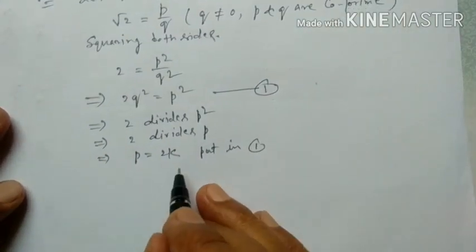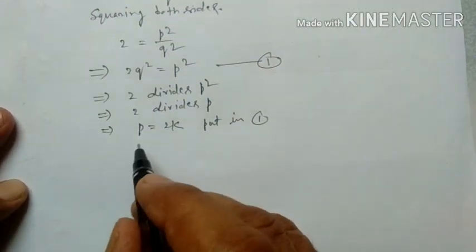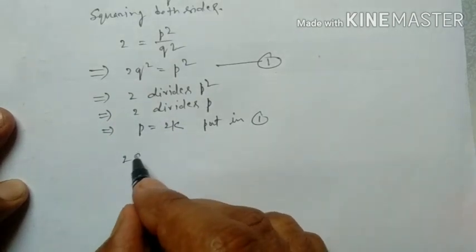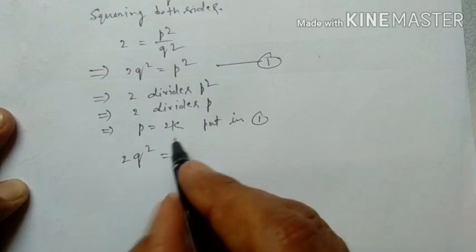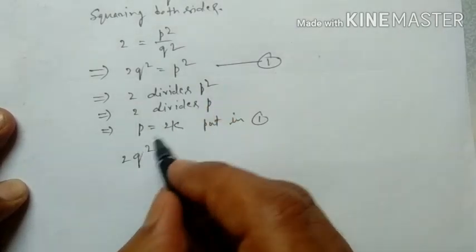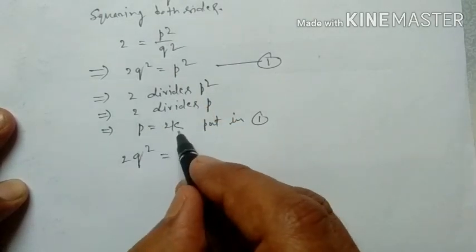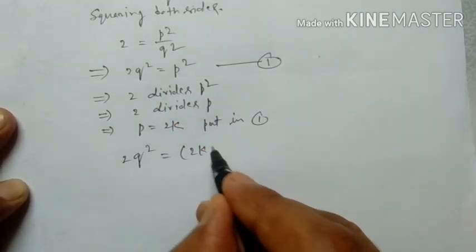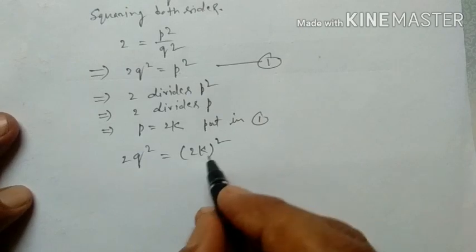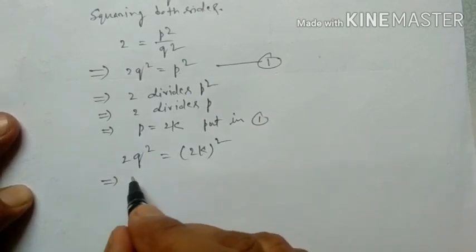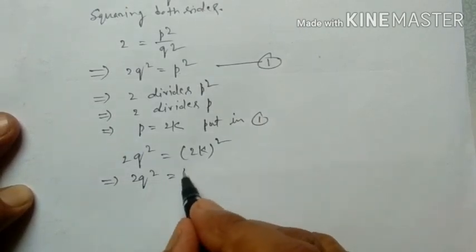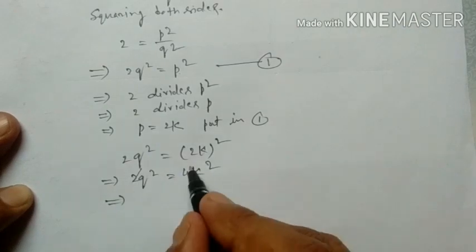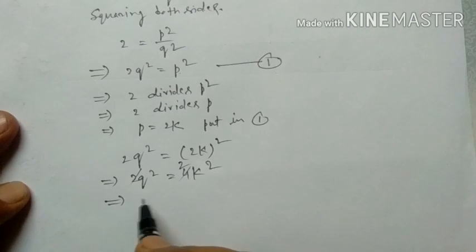In equation 1, then we will get 2q square equal to, and we will put the value of p equal to 2k in the place of this. So 2k square, and this becomes 2q square equal to 4k square, and 2 is cancelled by this.